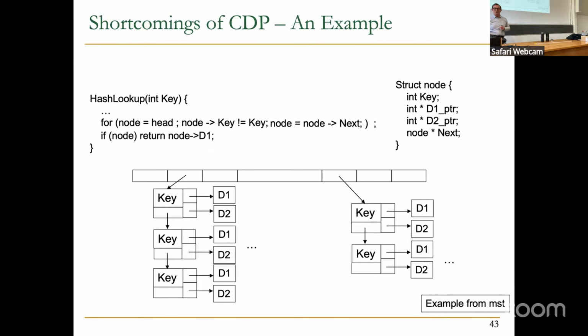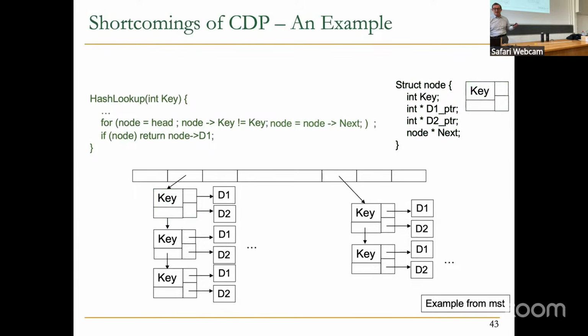And if it's going to be used ever, its pointer should be prefetched only once. That's the idea. So what is the most frequently used thing? That's really the next pointer. So you should really prefetch only the next pointer if you're trying to save your bandwidth, and never prefetch the D2 pointer, and maybe prefetch D1 once, but maybe that's not as important. So that's the idea basically.